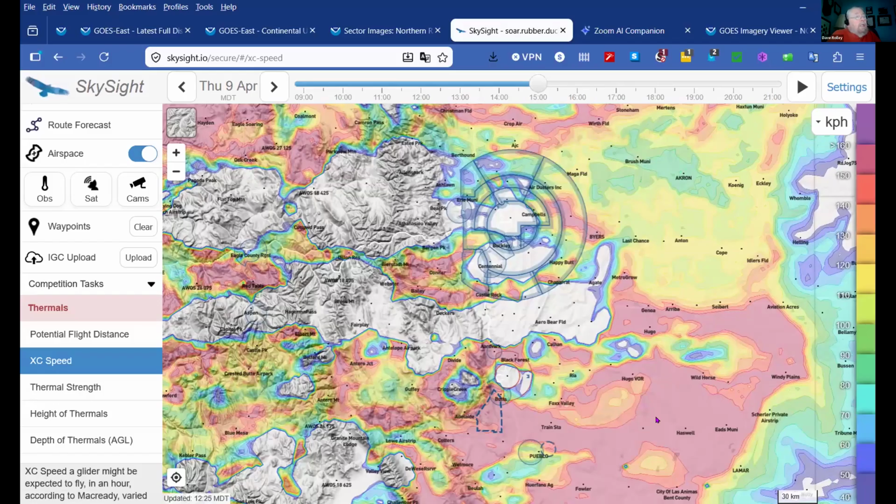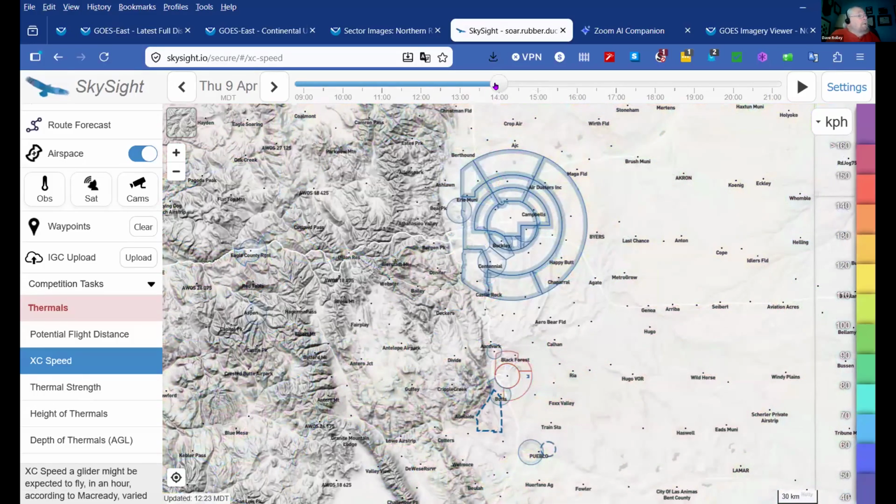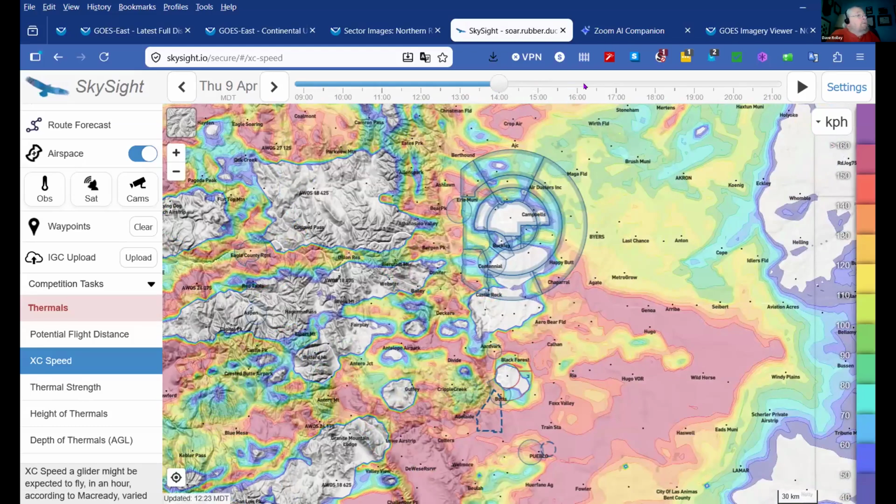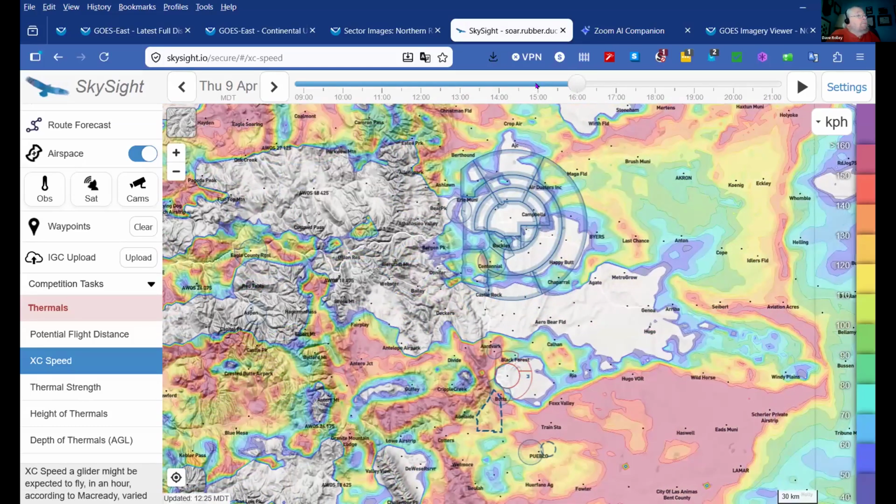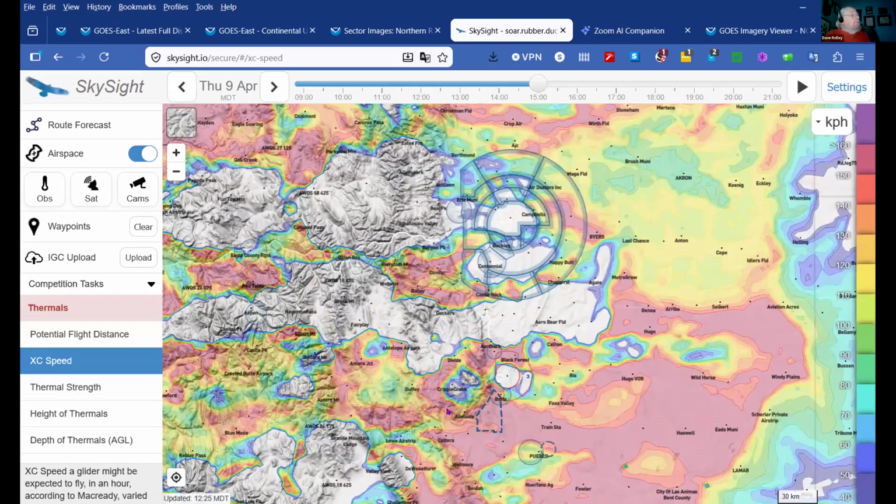This is saying, if you were down there and that actually was lift, you might be able to run somewhere between 140 and 160 kilometers an hour. But this is a snapshot version. If I move it back to 2 o'clock, that changes. If I move it out to 4 o'clock, that changes. So this one is more time dependent, but it gives you an idea.